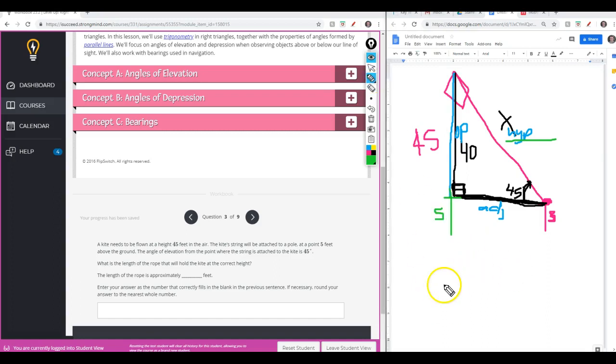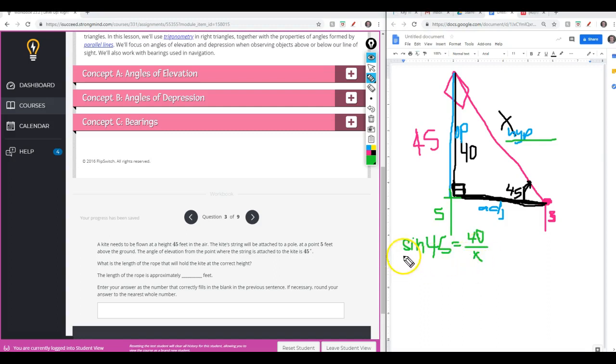So let's set it up. We have sine of our angle, which is 45 degrees, and that equals the opposite side length, which is 40, divided by our hypotenuse, which is x. Now I'm going to use the rule of reciprocals, because these are proportions, and flip them.